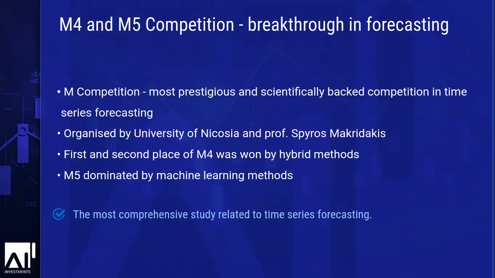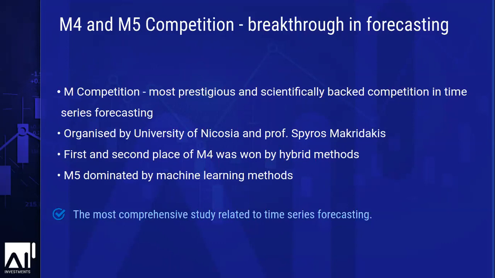the M competition is very prestigious and probably one of the most recognizable competitions in time series forecasting. It is led by Professor Spyros Makridiakis from the University of Nicosia. He's a guru and even a legend in time series forecasting, and the M4 was the fourth edition of this M competition.